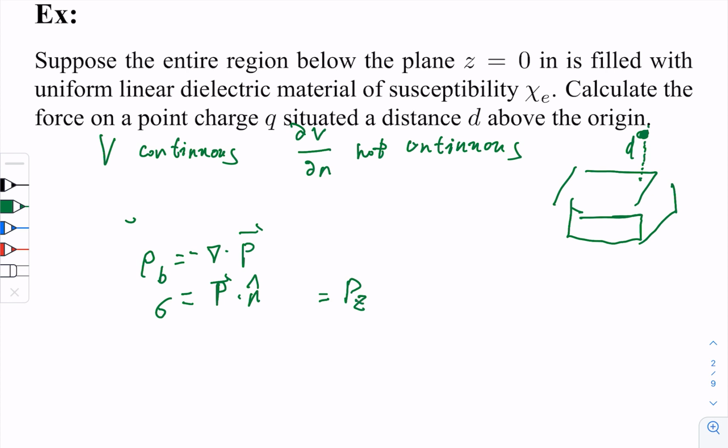So this expression should be P_z, and because this is a linear dielectric material, it has to be epsilon naught times chi e times the electric field along the z direction.